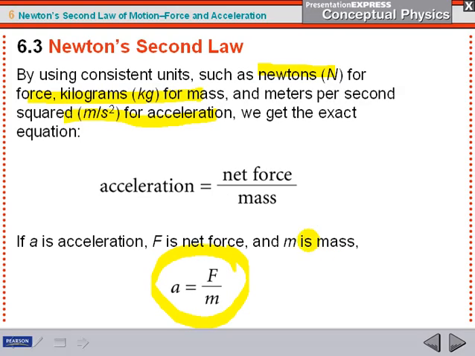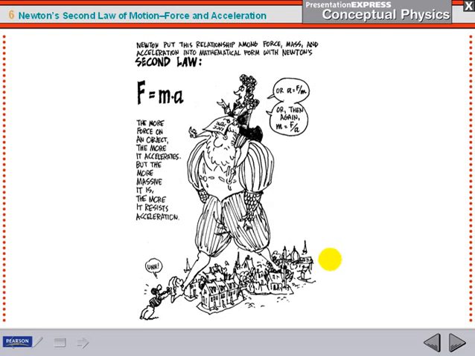Now, Newton, in this picture you're going to see it written slightly different. Force equals mass times acceleration, and that's done by changing it. Let's use the pen.